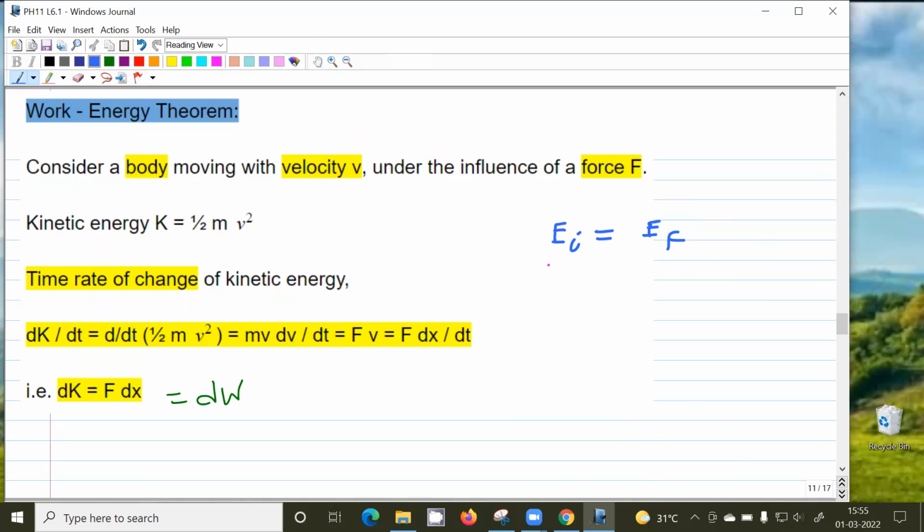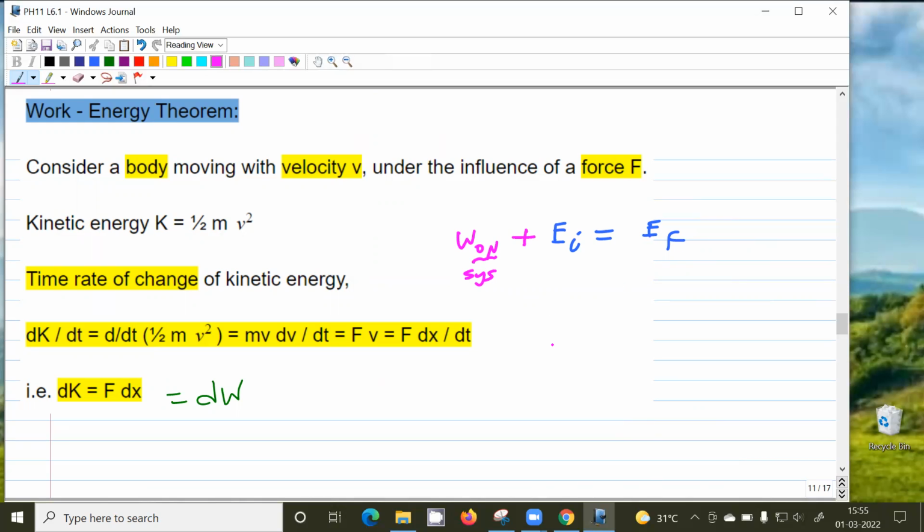But this is when there is no external force acting on it. If there is some external force acting on it, if work is done on the system, that will go into increasing the energy. So initial energy plus work done on the system will be the final energy.